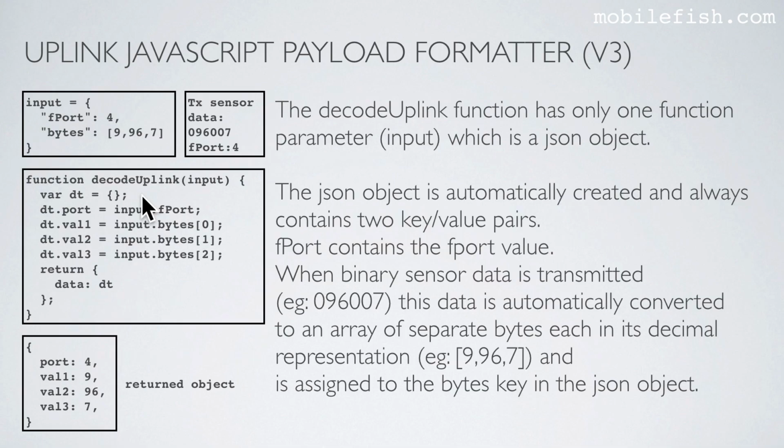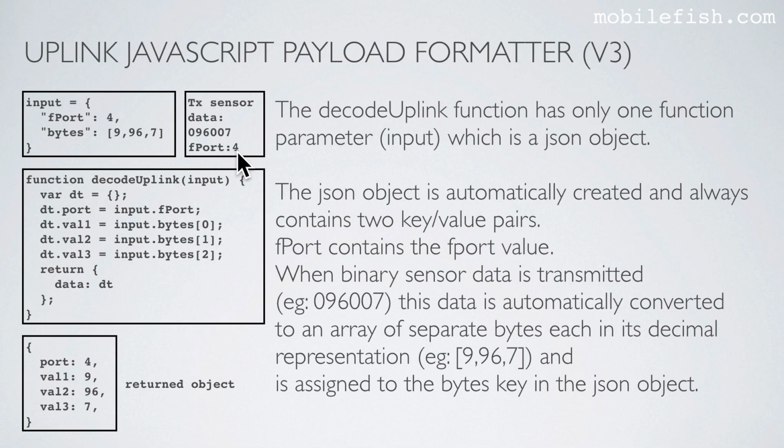To recap, the decode uplink function has only one function parameter called input, which is a JSON object. The JSON object is automatically created and always contains 2 key value pairs. The FPort contains the FPort value.